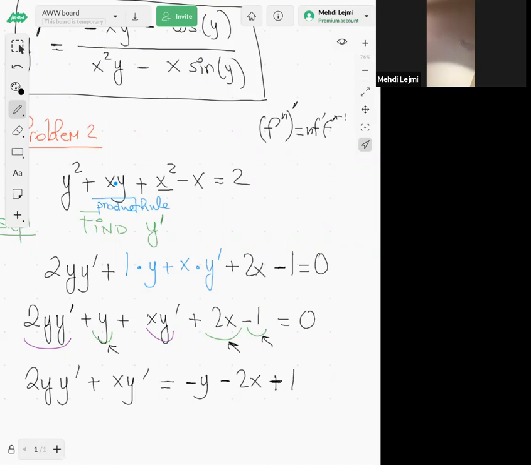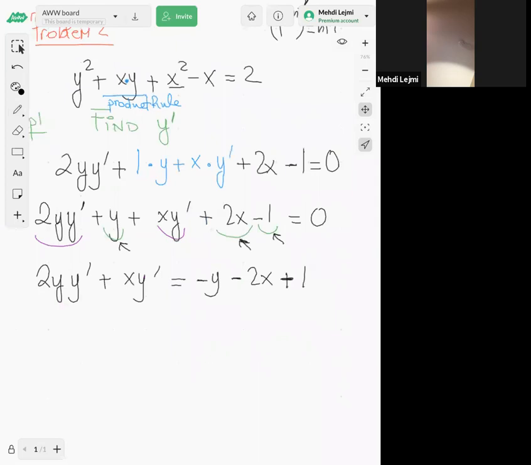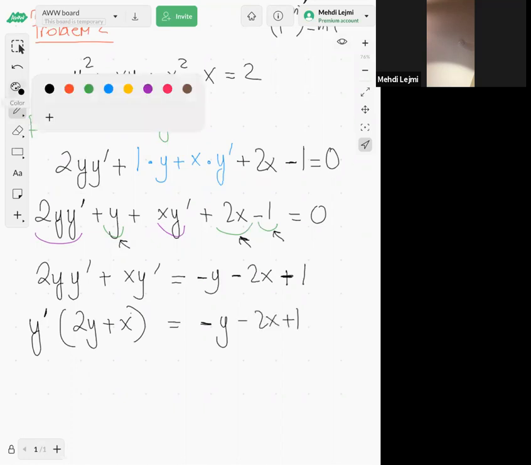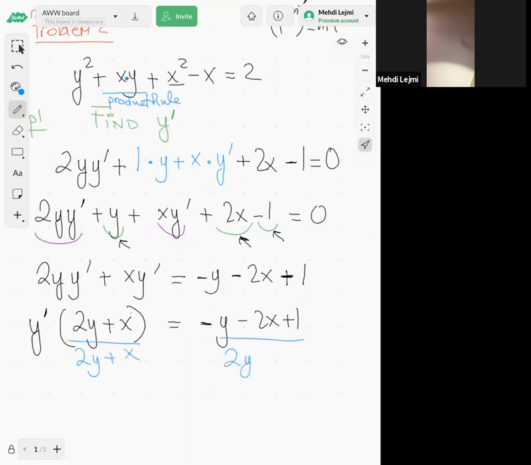Now, on the left side, I can factor out the y prime. So here's my y prime times 2y plus x equals minus y minus 2x plus 1. And I'm going to divide, of course, by this 2y plus x. So then this thing here cancels out.